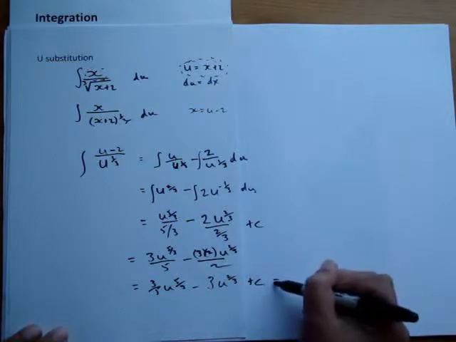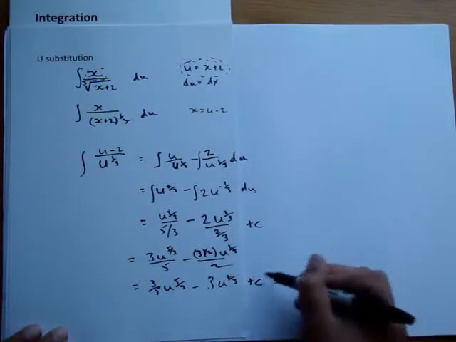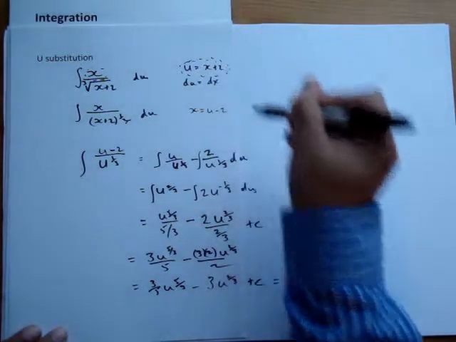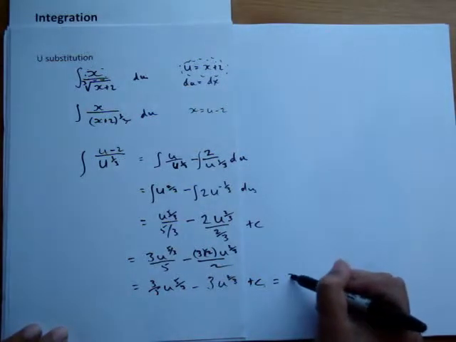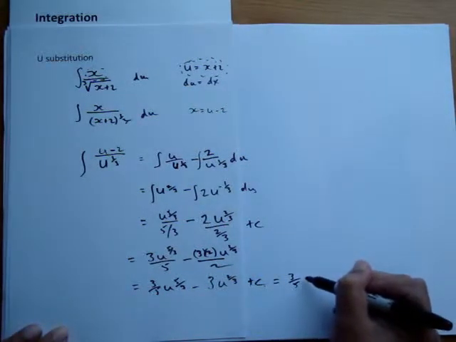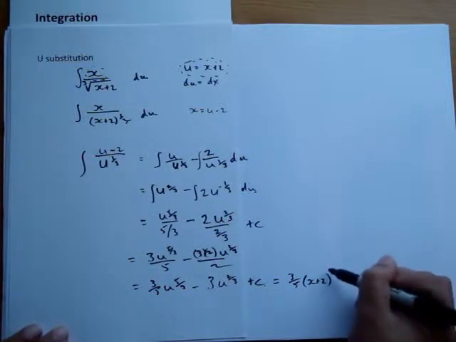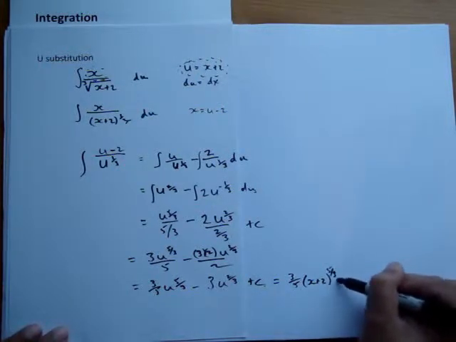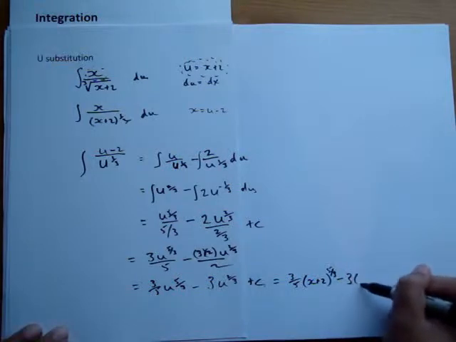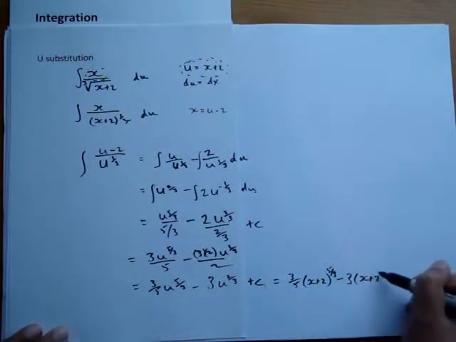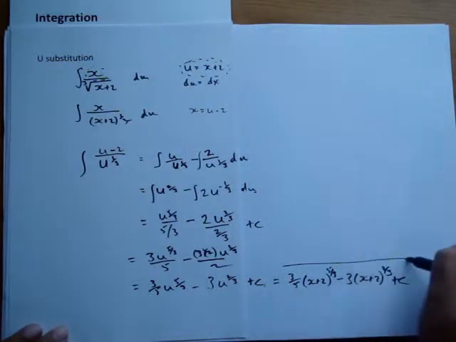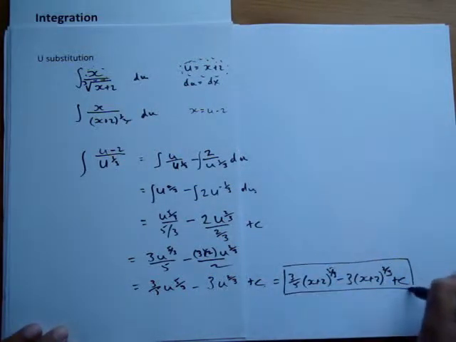And then when we replace the u's with their original values, x plus 2, this becomes 3 over 5 times x plus 2 to the 5/3 minus 3 times x plus 2 to the 2/3 plus c, and that is our answer.